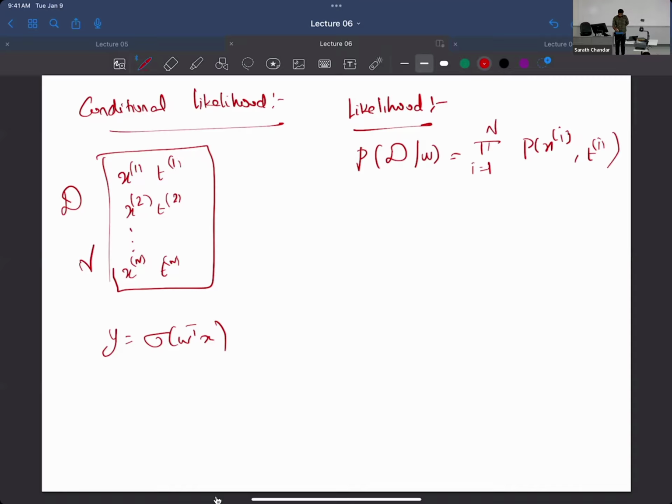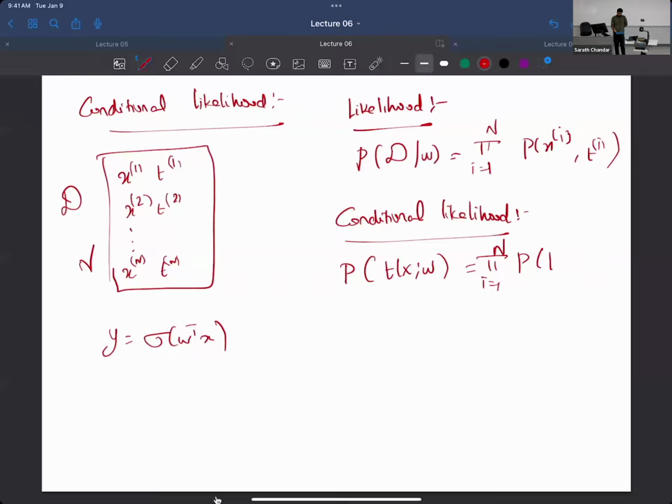Now the conditional likelihood is given by the probability of t given x and w, which is the product over i equals 1 to N of P of ti given xi. And if you want to take the log, then this becomes the summation over i equals 1 to N of ln P of ti given xi. Is that clear? So this is the log likelihood.